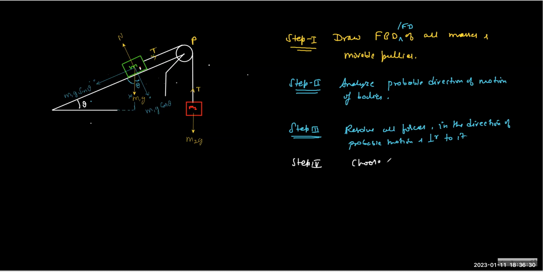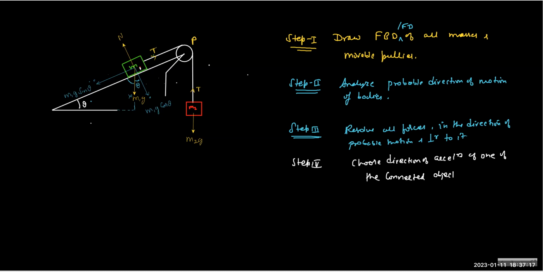So choose the direction of acceleration of one of the connected objects. You can choose one of them, because once you choose one, the other will have a dependency. If one of the masses is moving this way, and other masses are connected to it, it can also move in a certain way because of this constraint. We'll come to that constraint later on.